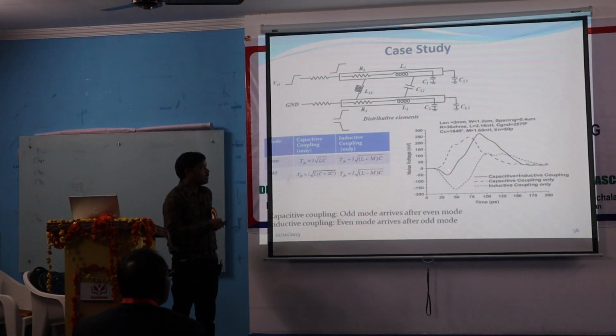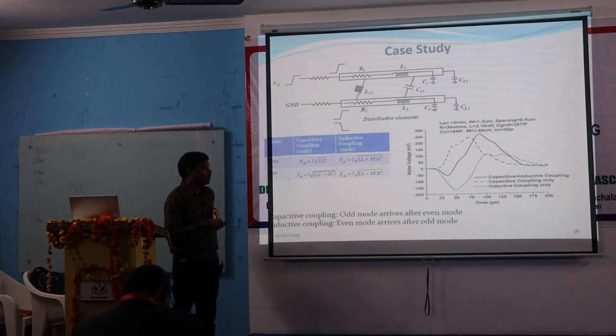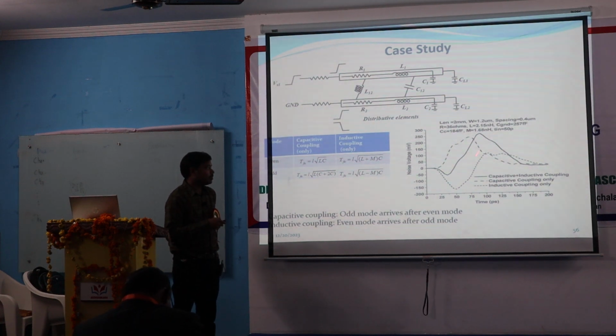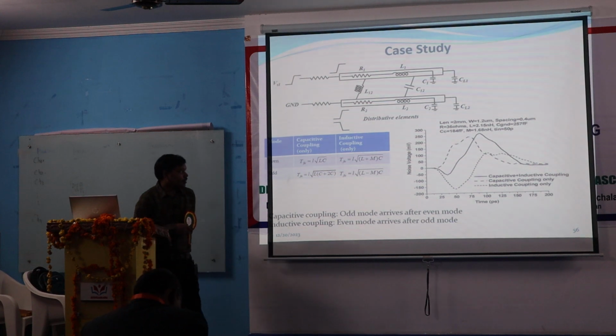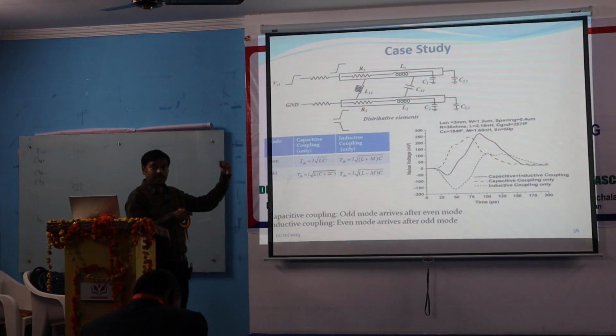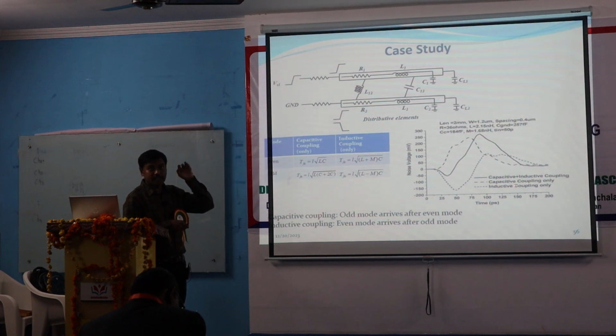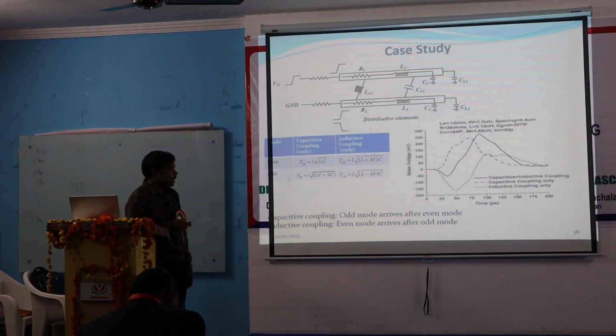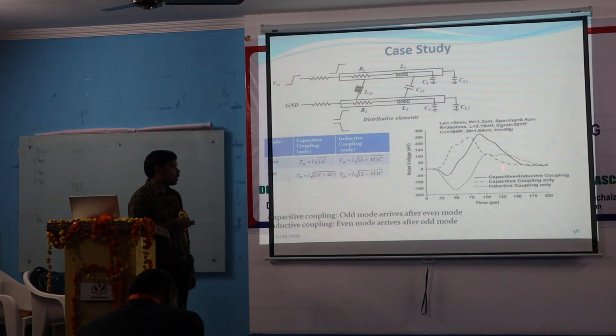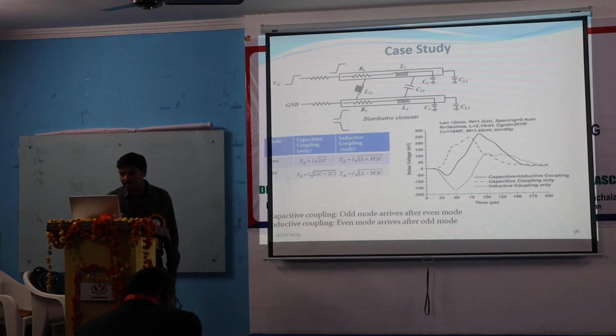This is called crosstalk noise. I don't want to go in depth, so I won't explain these dots. I just want to say that we want to maintain a zero here, but it is not maintained because of the crosstalk. Some noise is appearing. That's it.